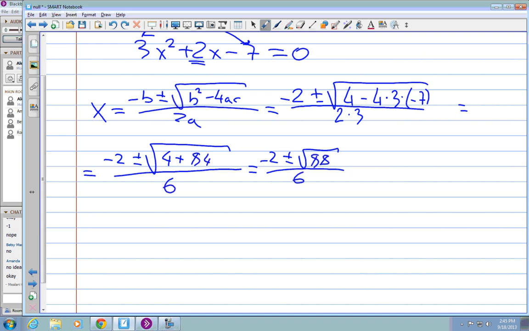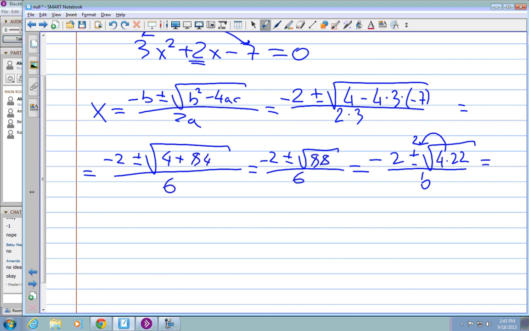Can you take the square root of 88? No. But we can split 88 into a product of a perfect square and something else. 88 is 4 times 22, is it? And what is the square root of 4? 2.